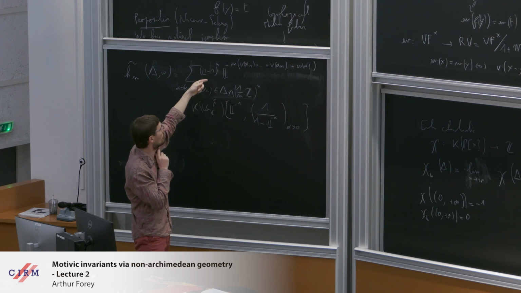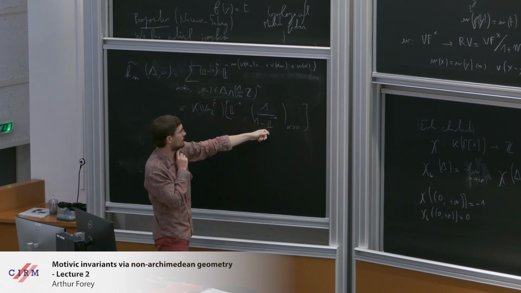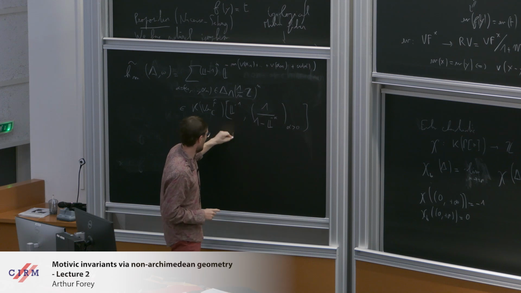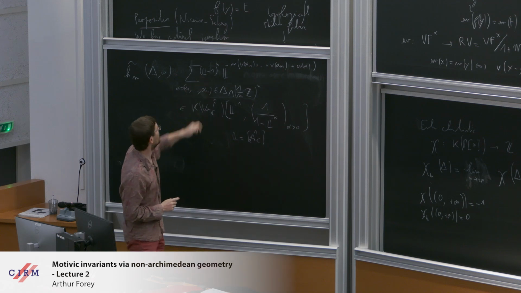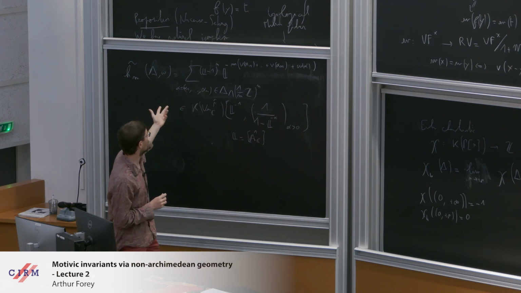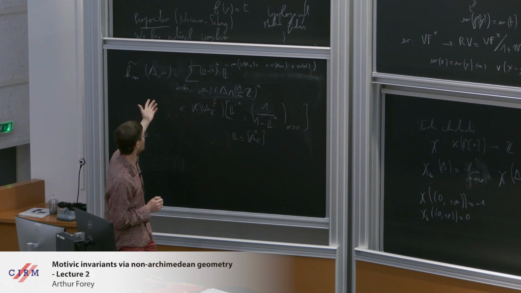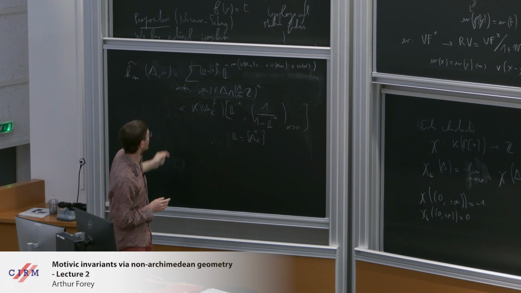Then you can formally sum these geometric series as things of this form. And L, as always, is the class of the affine line, and really this L minus 1 is the class of the multiplicative group. So I'm doing something very similar to maybe a p-adic integration or a classical Motivic or Denef-Loeser integration, but here I'm only summing at the level of the value group, so it's somehow very easy to define.